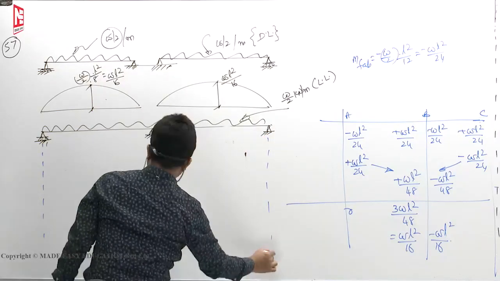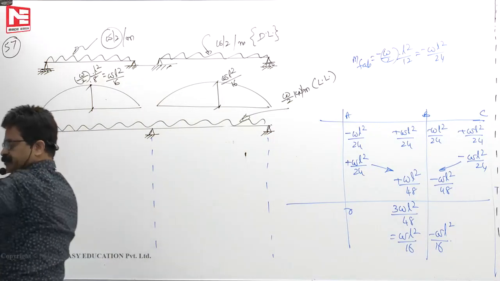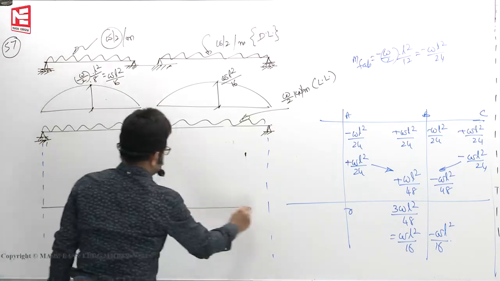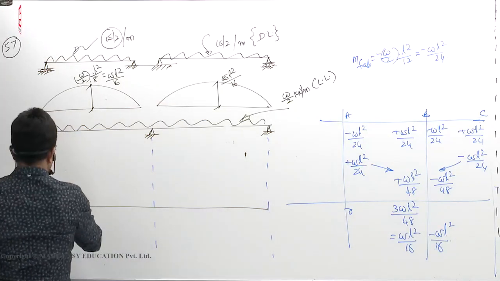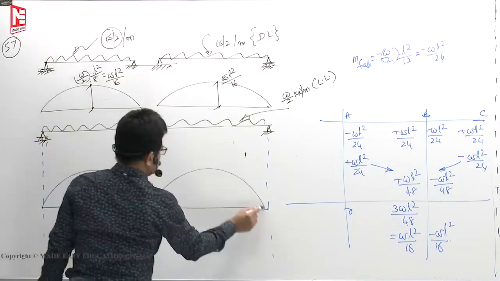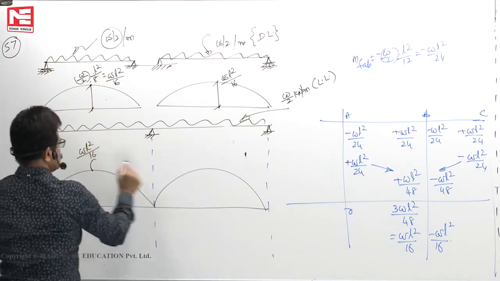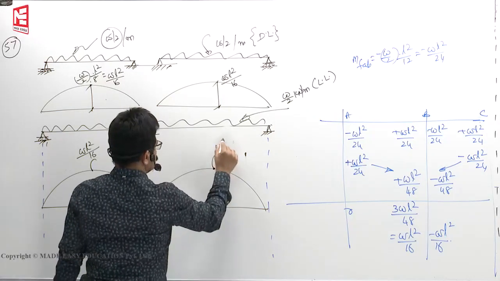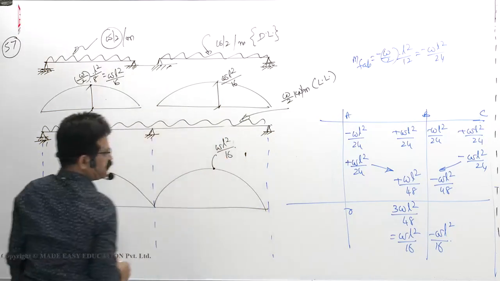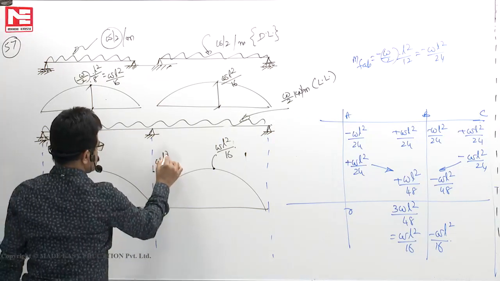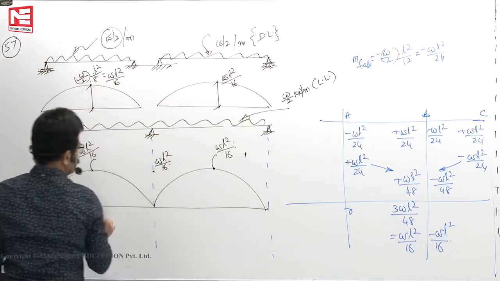Now in this case, when you repeat the same problem, it looks something like this. Okay, this is the free bend moment diagram, WL square by 16. So the negative end moment also you got as WL square by 16 minus.